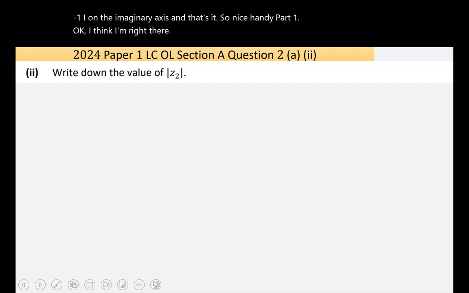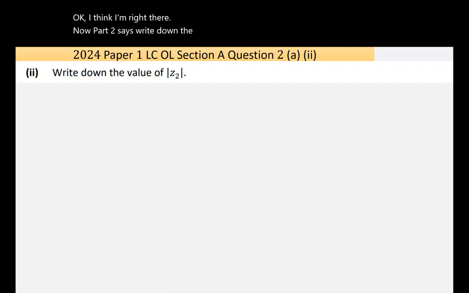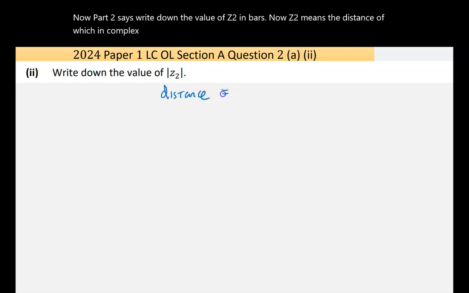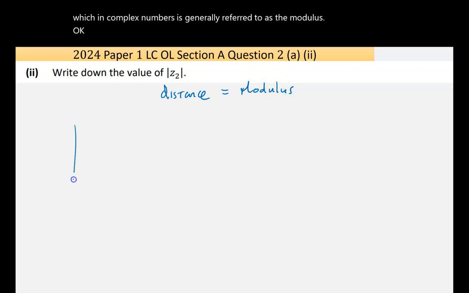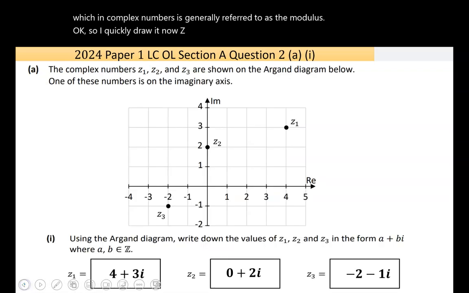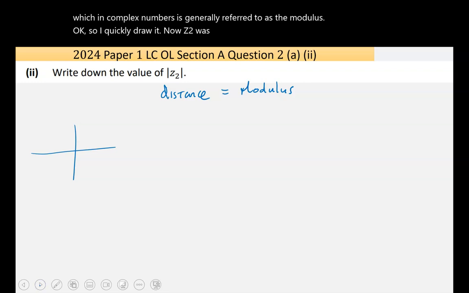Now part 2 says write down the value of |Z2|, in bars. Now |Z2| means the distance of, which in complex numbers is generally referred to as the modulus. Okay, so if I quickly draw it, now Z2 was 0 plus 2i, so somewhere up here.